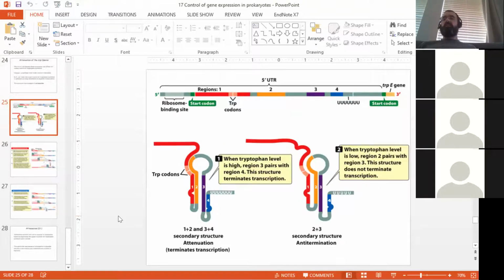So now it's a case of it's got to be always on, but then we dial it back or just turn it off completely when it's not needed, in response to varying levels. Okay, so that's essentially the two halves of control of gene expression in prokaryotes, right? It's very much context specific. Does anybody have any questions on prokaryotes before we move on to eukaryotes?